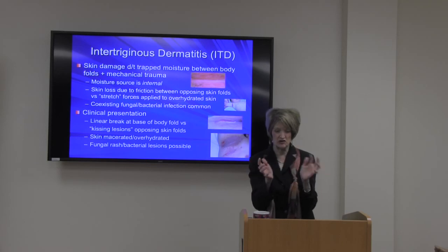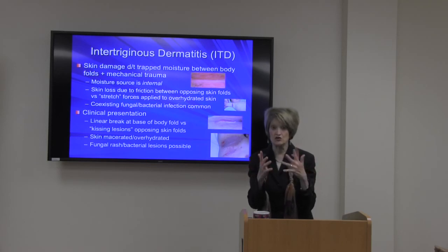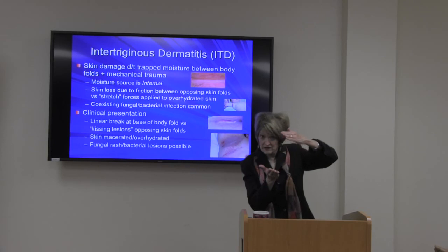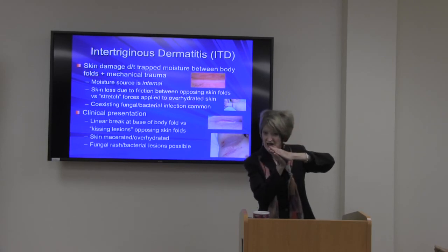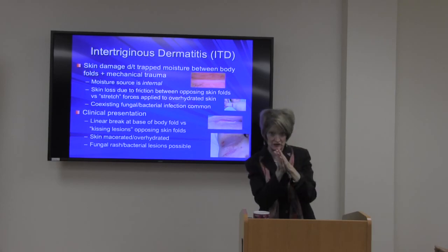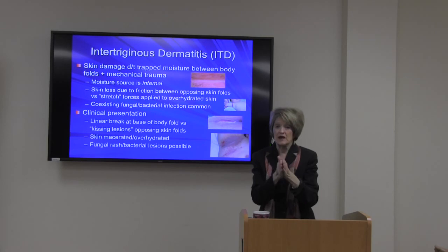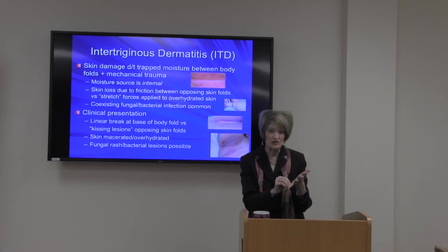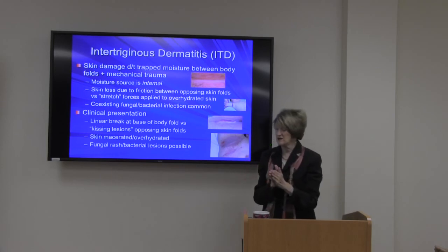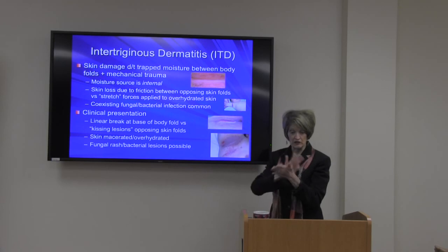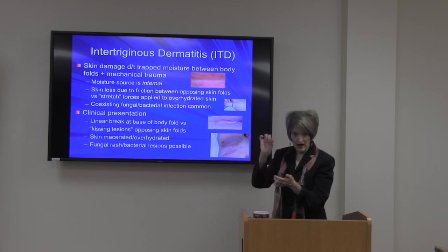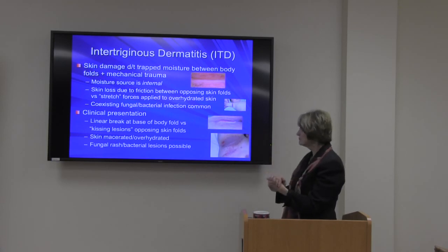Sometimes you go to clean the patient up or to assess the skin and you're lifting the skin folds, you're separating the skin folds, and just that slight tension can cause the skin to crack. You're like, oops, I didn't do that, did I? Easy to happen. So you can see this in the gluteal cleft as well as everywhere else that we've talked about. So skin loss, either friction or a crack in the overhydrated skin.